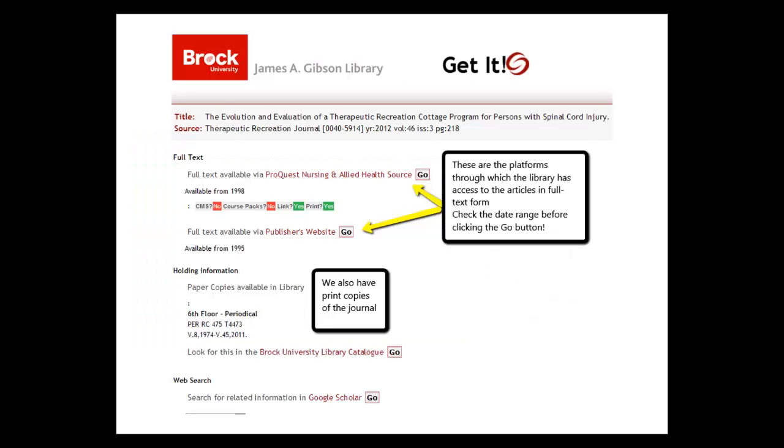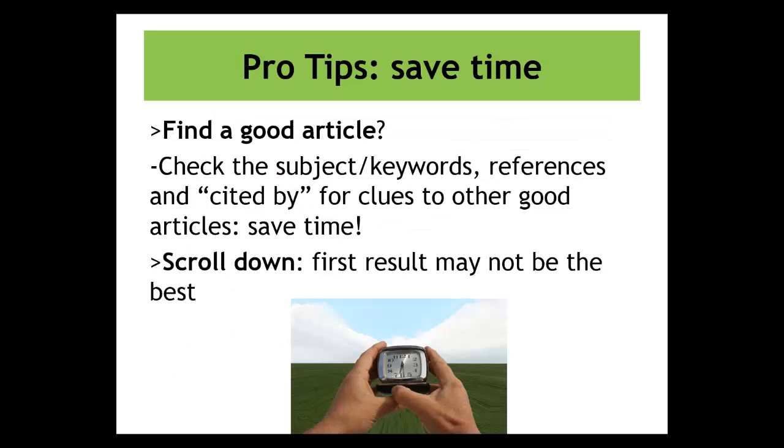And here's just a bit of an anatomy of a Get It record, just to explain again what all that means when you click Get It and you get that very text-heavy intermediary screen. And again, a couple of tips on saving time by using one good article to lead you to other good articles by looking for relevant keywords and references.